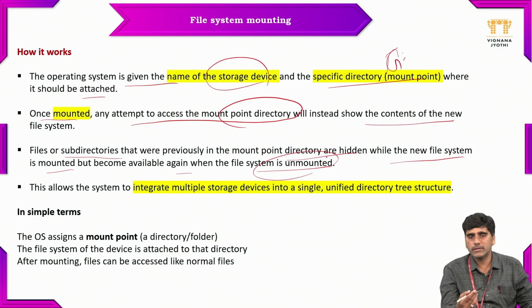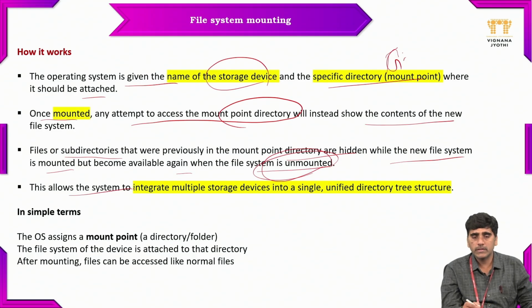Whenever you want to access particular files or folders, file mounting is mandatory. After accessing those files, the file system is unmounted. Once you are accessing, the file system is mounted. Once it is over and you come back to the original position, the file system is unmounted.